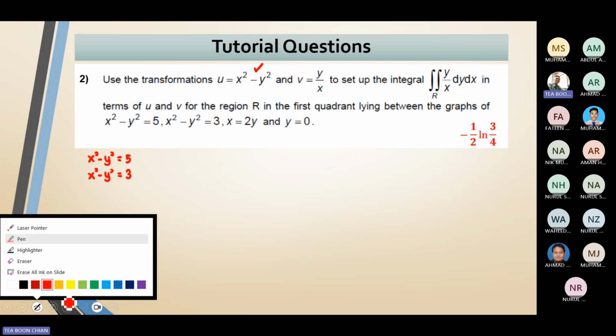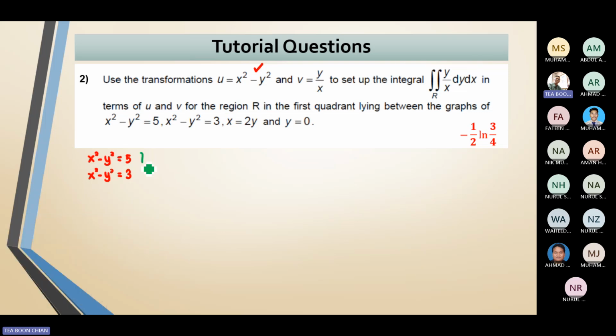In other words, you can immediately transform the first 2 equations into U. Because x squared minus y squared equals U, this is just U equals 5 and U equals 3. Having 5 and 3, this gives you the integral of du with lower limit 3 and upper limit 5. When you make it into the limit interval, make sure you arrange from the smaller value to the larger value.